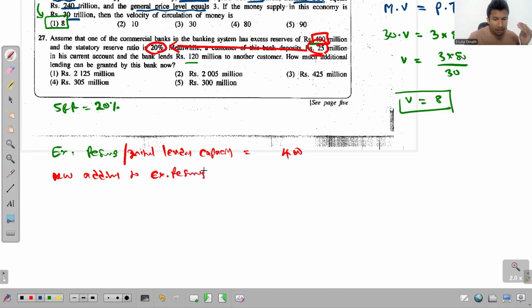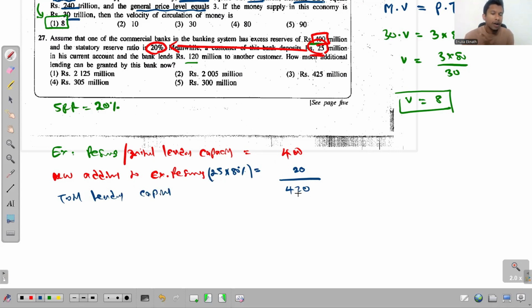There's a deposit of 25, but from this 25 we only take 80% to the excess reserve because the 20% goes to the statutory reserve. When you calculate 25 into 80%, that's obviously 20. So the total lending capacity of the bank is 420 now.